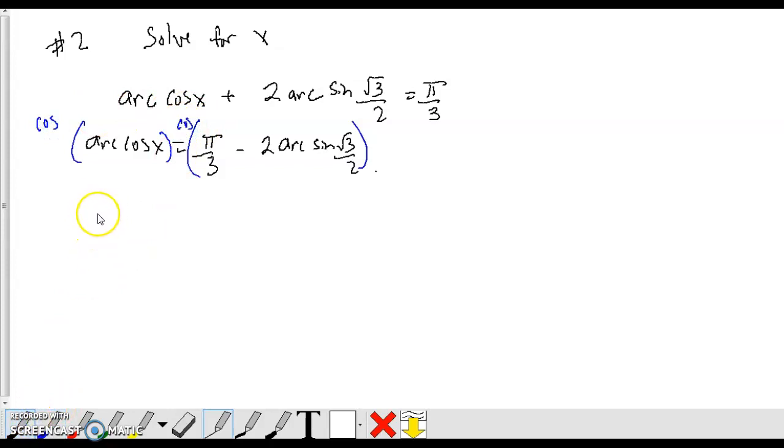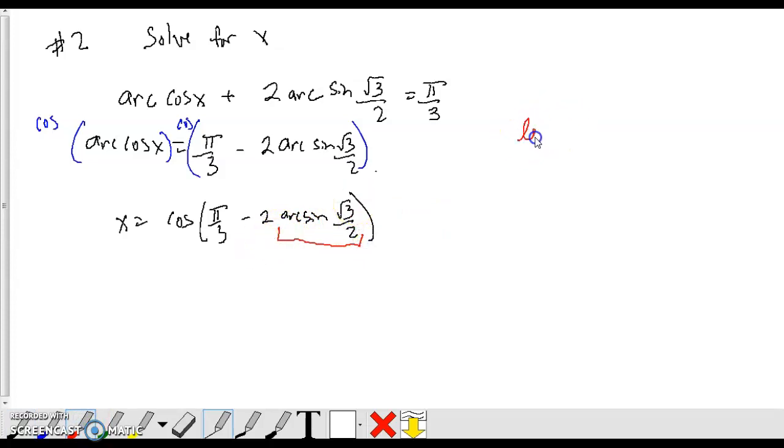So this will become x is equal to the cosine of pi over 3 minus 2 arc sine of root 3 over 2. When we do the second inverse, we want to make sure that we're only taking this part right here, so we don't want to include the 2 ever. So I'm going to say let theta equal arc sine of root 3 over 2. So this now becomes x is equal to cosine of pi over 3 minus 2 theta.